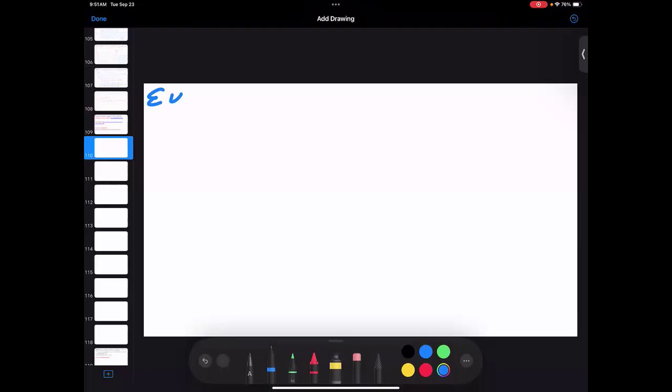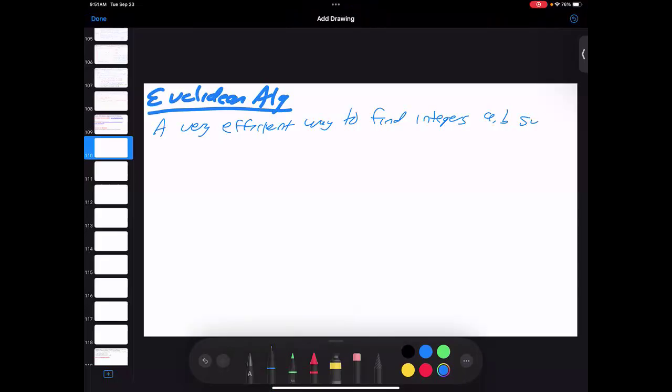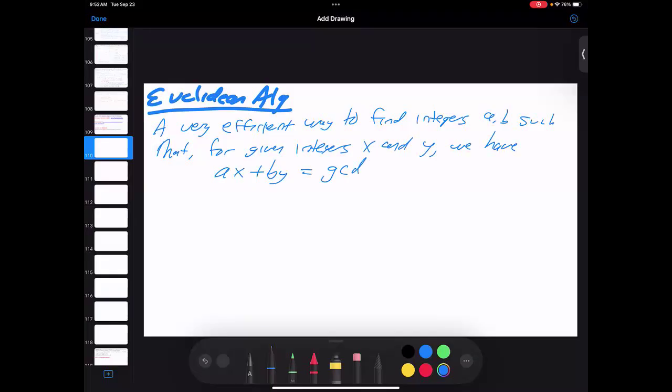And so the Euclidean algorithm is a very efficient way to find integers a and b such that for given integers x and y, we have ax plus by equals the GCD of x and y.